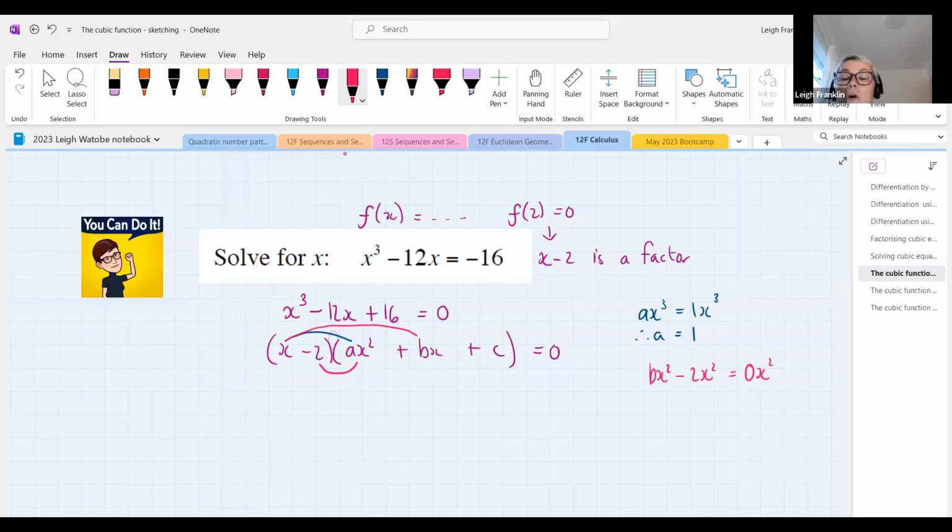So what does that mean for after this? First of all, we have to find the value of b. So you've got bx squared minus 2x squared is 0x squared. So what are you going to do now to work out the value of b?